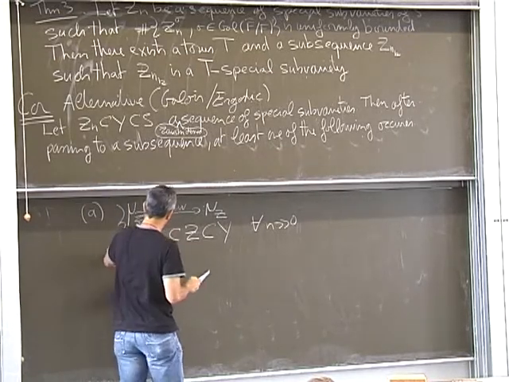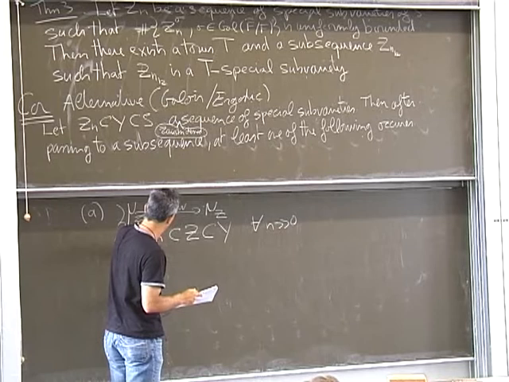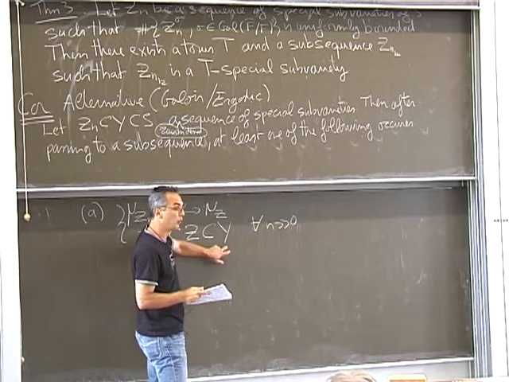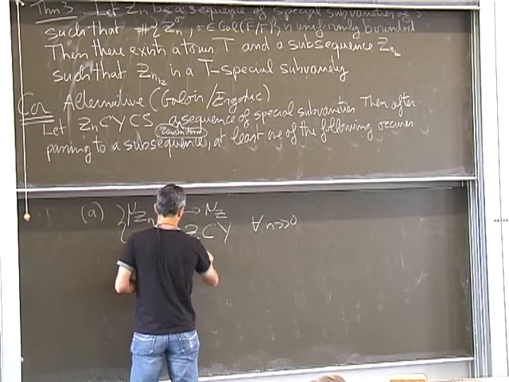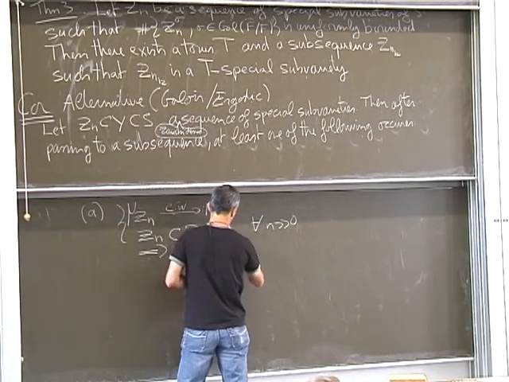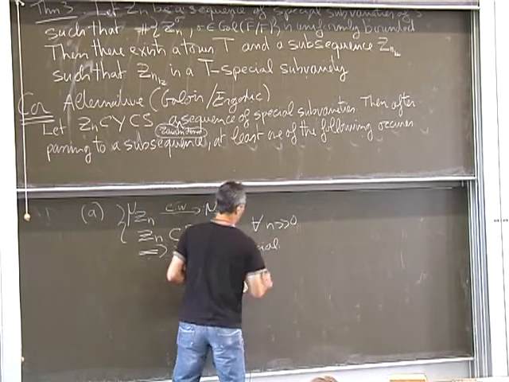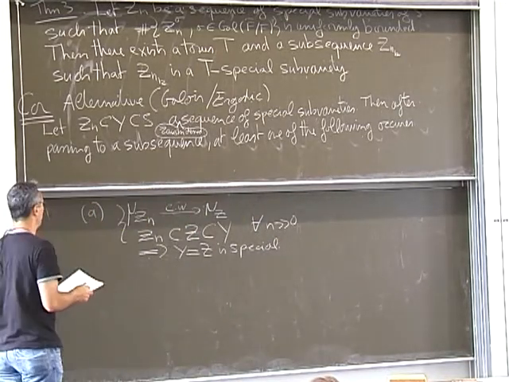But this sequence is Zariski dense in Y. So this implies that Y equals Z is special. And in this case, you're done.